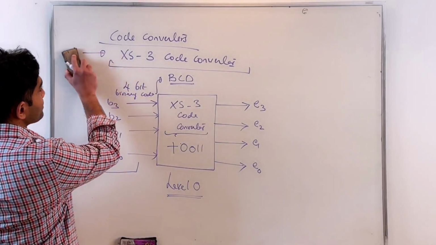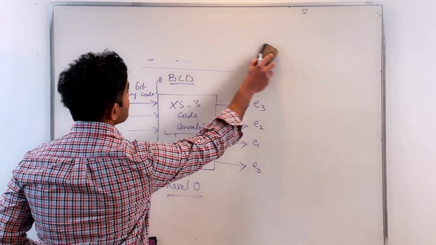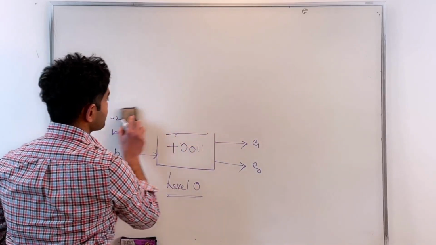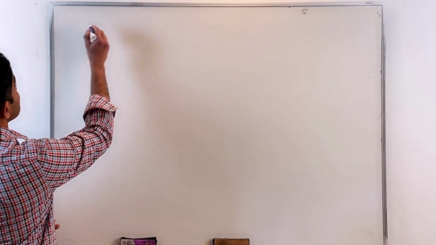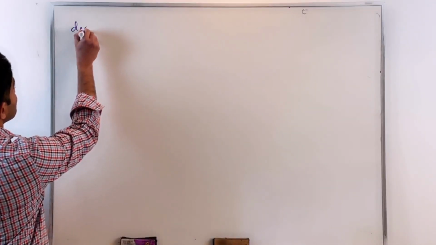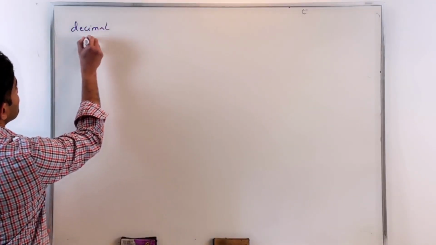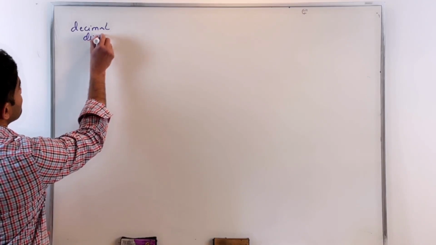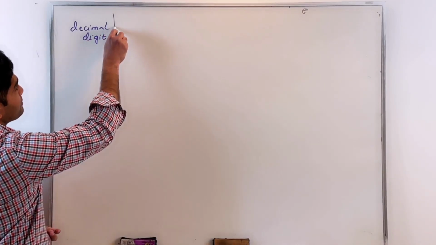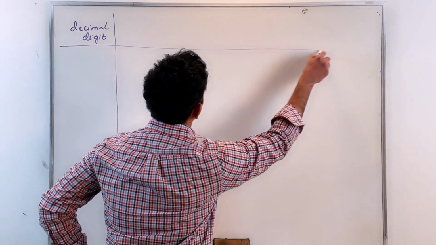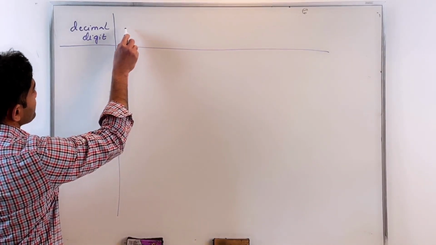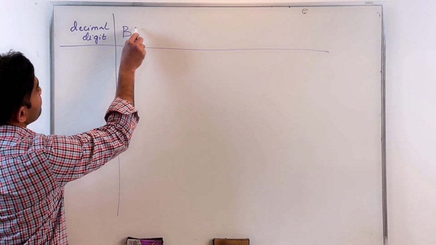Okay, all right. So let me draw the truth table for this. All right. So that's the decimal digit applied. That would be the corresponding binary coded decimal value.